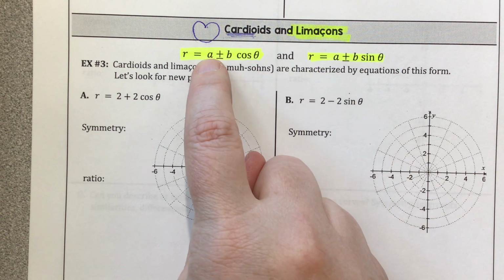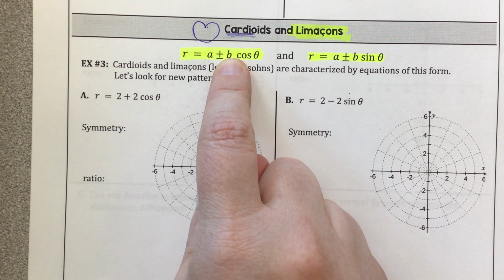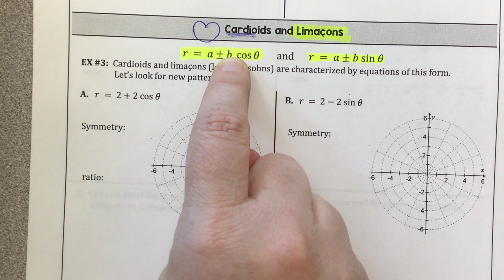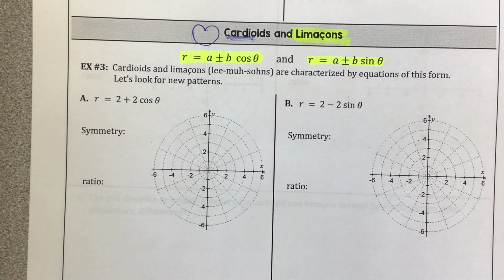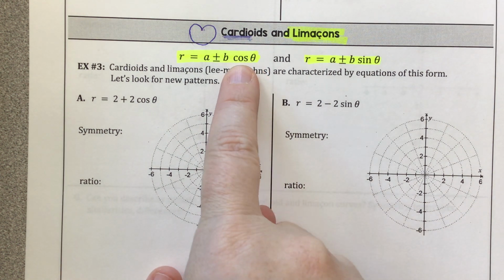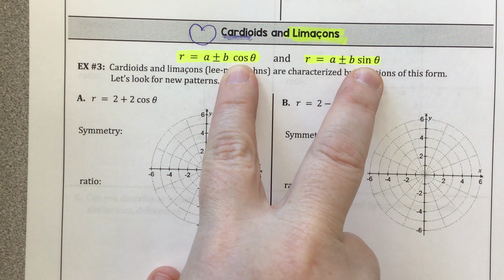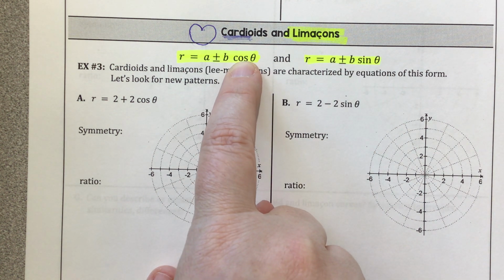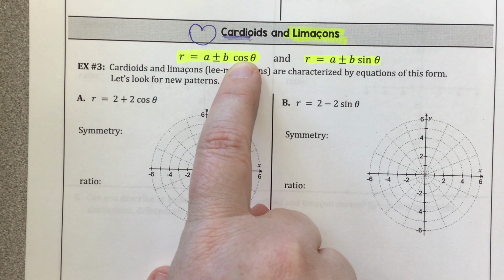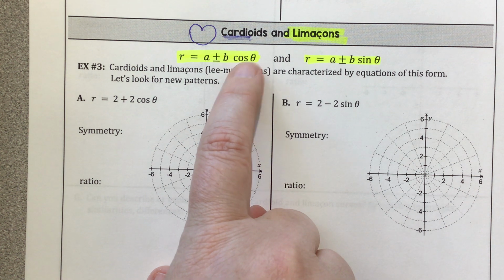If this ratio, A over B, is equal to 1, meaning that A and B are the same number, then what we have is one of these heart-shaped cardioid graphs. You might be able to guess that whether it is sine or cosine tells us what axis it is oriented over. If it's a cosine, most of the graph falls over the horizontal axis.